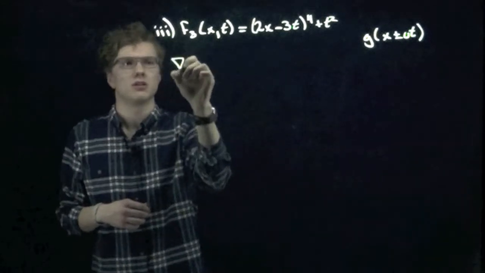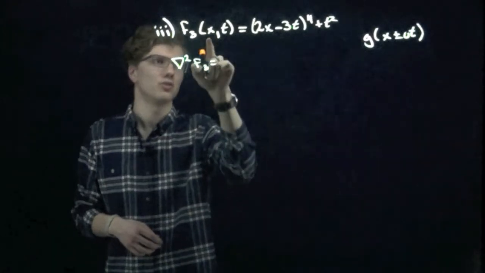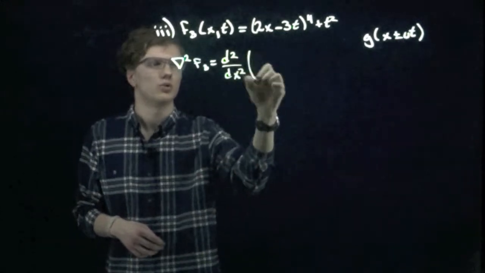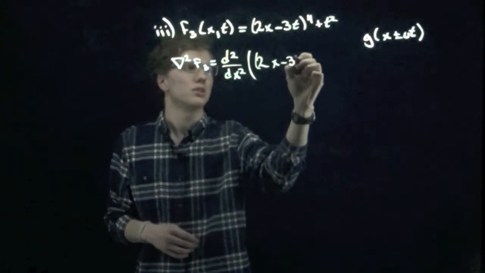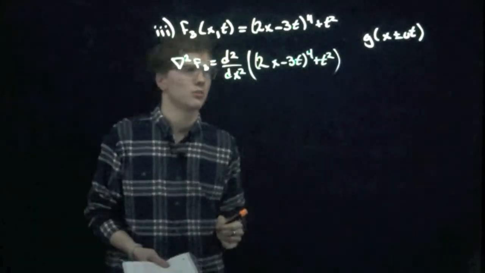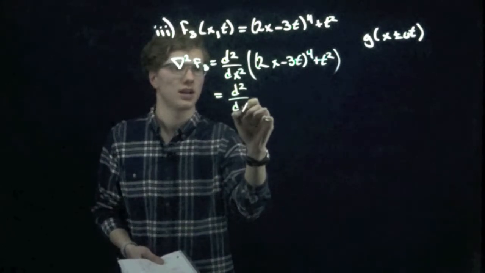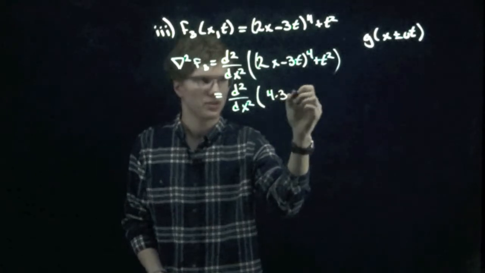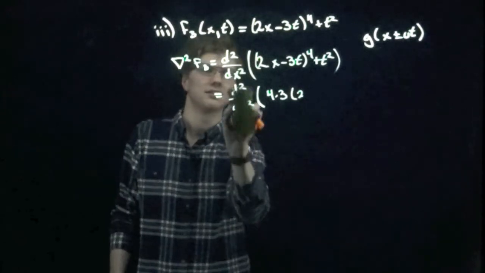So we're going to start with the Laplacian. Laplacian of f3 is equal to, we've only got the x in this one, so it's going to be d squared dx, and we don't have to worry about dy or dz, of 2x minus 3t to the power of 4 plus t squared. We're immediately going to lose this term because it's not dependent on x, and we're going to get d squared dx squared.